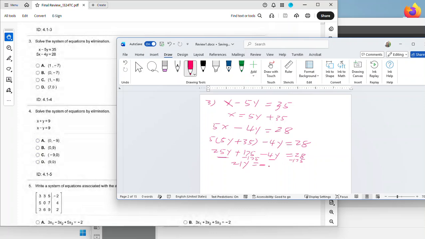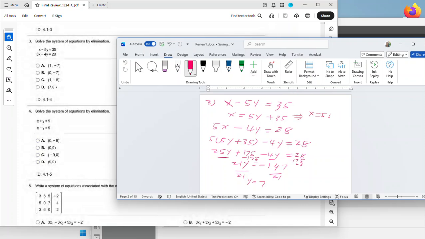Okay, so this will be negative 147, right? And then we divide both sides by 21. y will be equal to what? Negative 7.